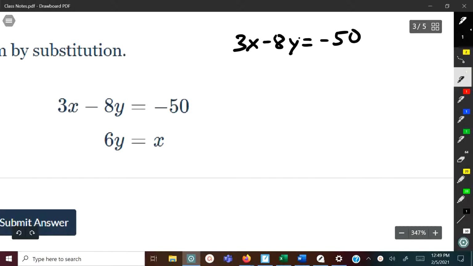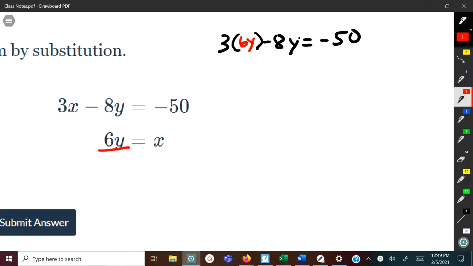And I forgot to sub it. So what I'm going to put in here is what x is. x is 6y. So I'm going to put in 6y. And now the whole equation has y's in it, and you can solve for y.